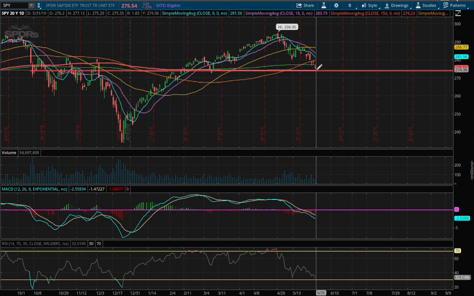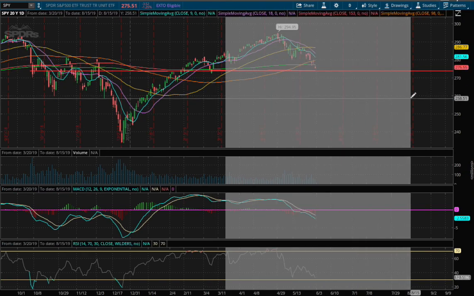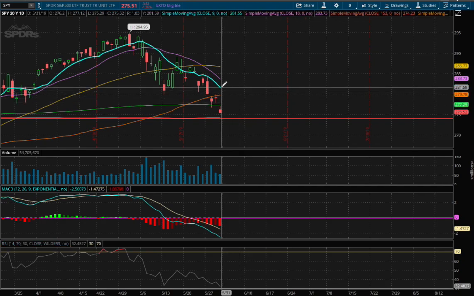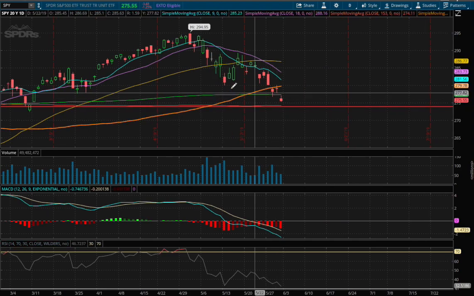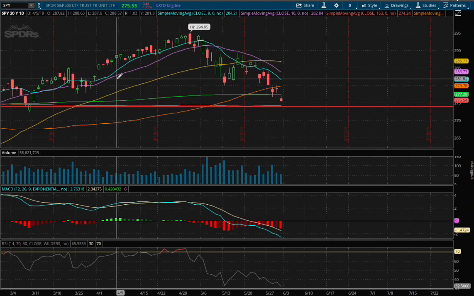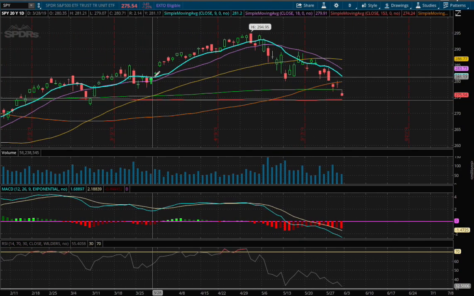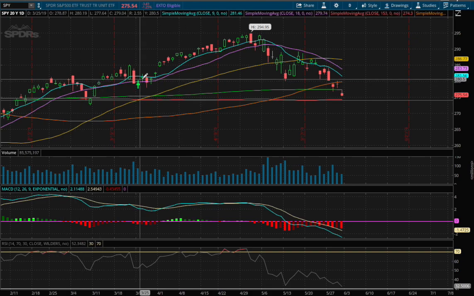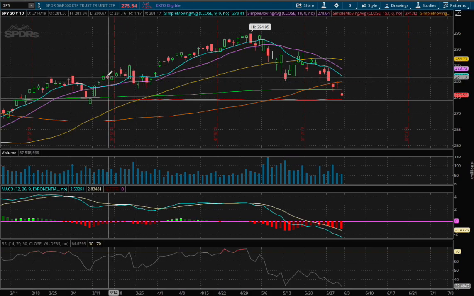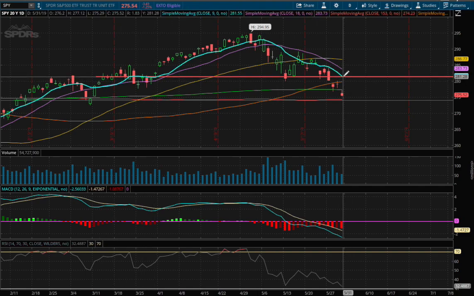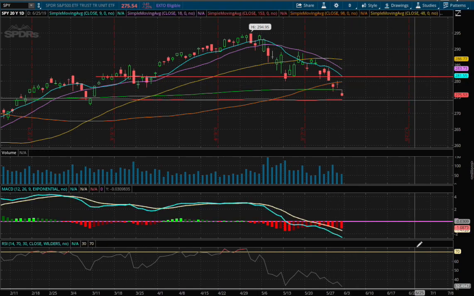If we were to quickly reverse and head on higher, the resistance will be the 9-day moving average. And this resistance acts as a ceiling because past support acts as resistance now. So we have support here and it is now resistance here.